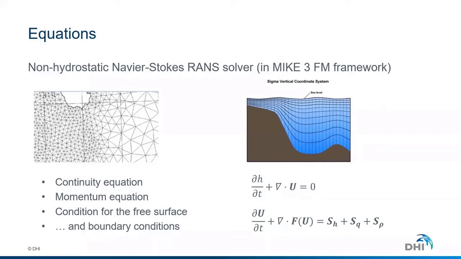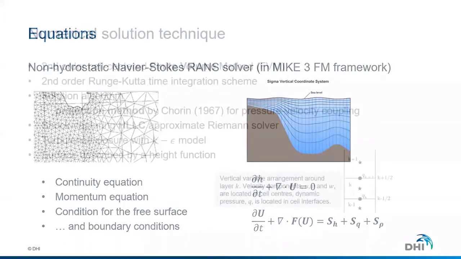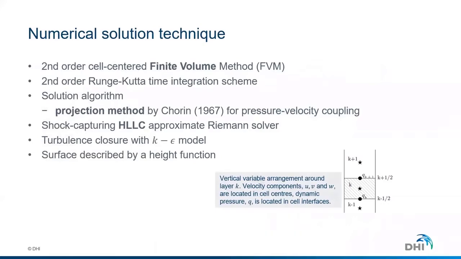We have implemented this with the k-epsilon turbulence closure, and we are solving the equations using the finite volume method on a cell-centered scheme, where we are using the projection method developed by Chorin for solving this pressure velocity coupling arising from the incompressibility assumptions.